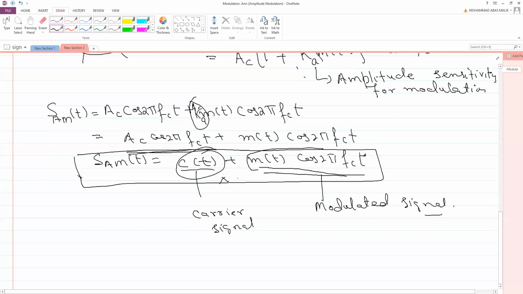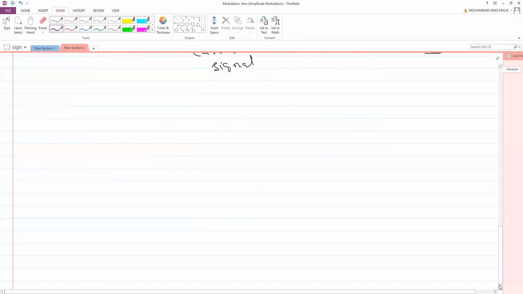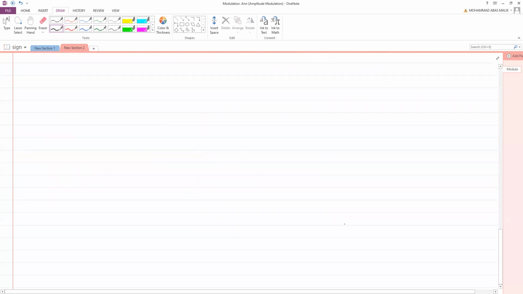Now we will go for the spectrum analysis of amplitude modulation. Before going for the spectrum analysis, I will tell you one property. Have you heard about the modulation property of the Fourier transform?